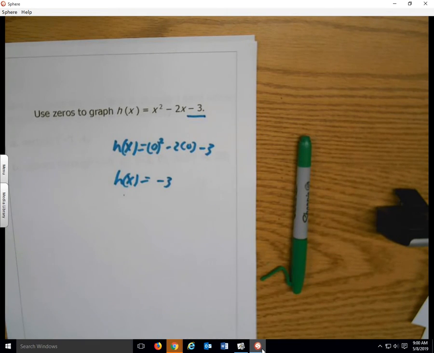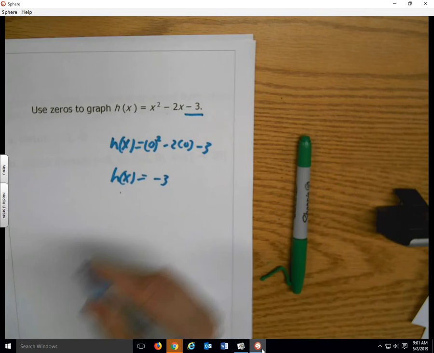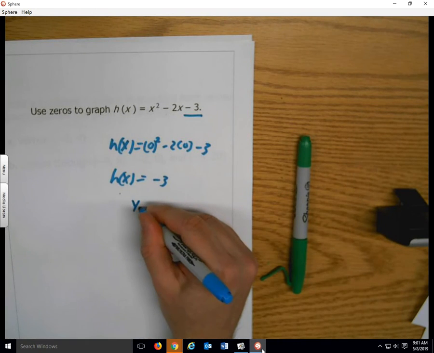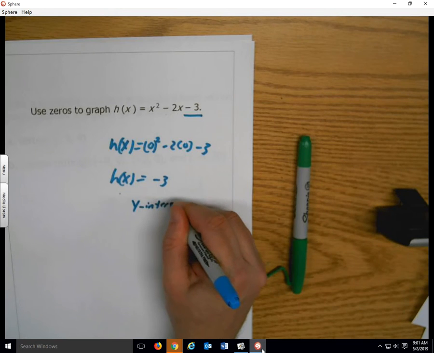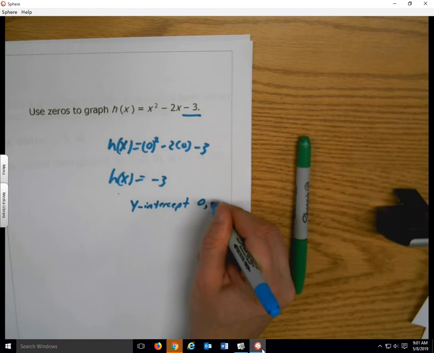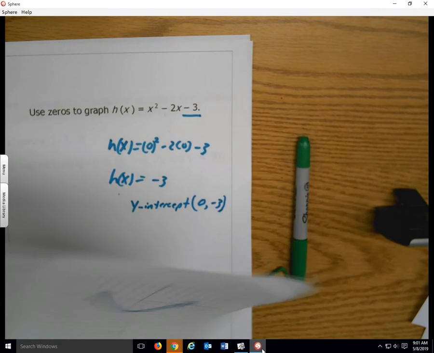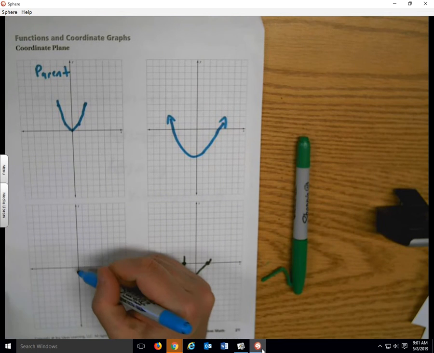And so if we were to graph that, let me get a graph out here. If we were to graph that, it would be the y-intercept, the x is 0, and y is negative 3.